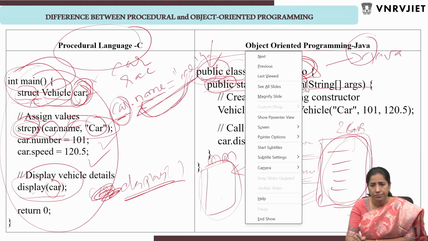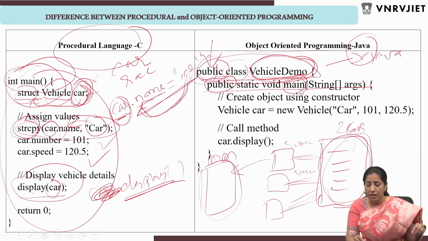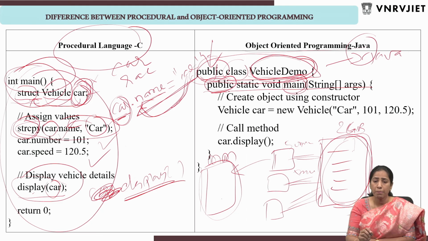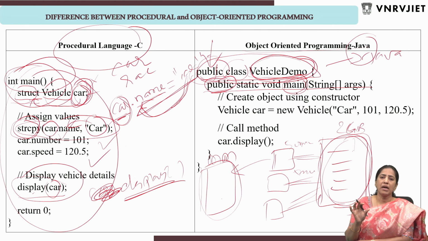Main is a method. Okay, the main method will have the access specifier public, that means anyone can access. Public indicates the access specifier control statement. Public indicates that anyone can access. Anyone means any part of the system can access. The system may be a software system or a hardware system.